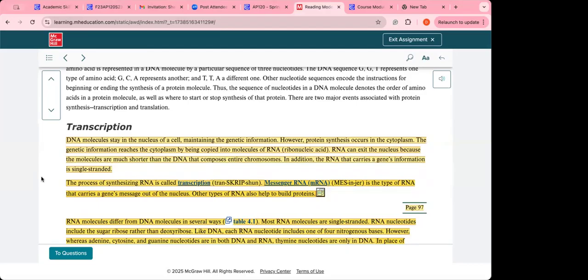In addition, the RNA that carries a gene's information is single-stranded. The process of synthesizing RNA is called transcription. Messenger RNA is the type of RNA that carries a gene's message out of the nucleus.